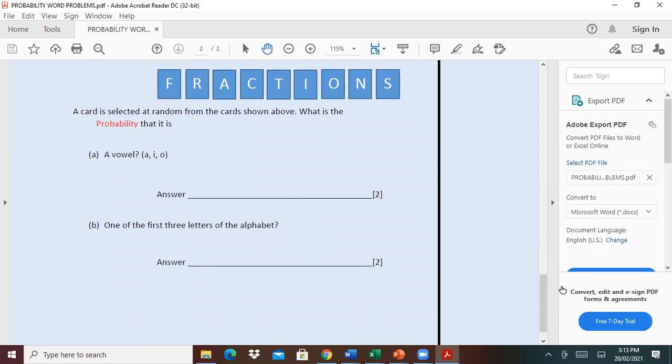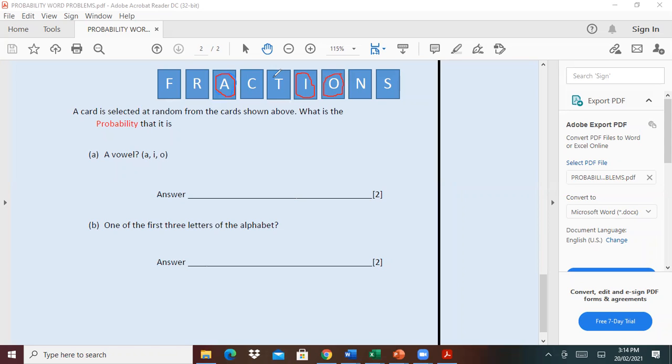So the vowels in this word are A, I, and O. We know that E and U are also vowels, but they are not a part of this word, fractions. So let's circle out all of our A, I, and O values. Here's one. Let's see if we can format that color so that it stands out. That's better. There's an A, there's an I, and there's an O. Okay, so we have one of each of those.